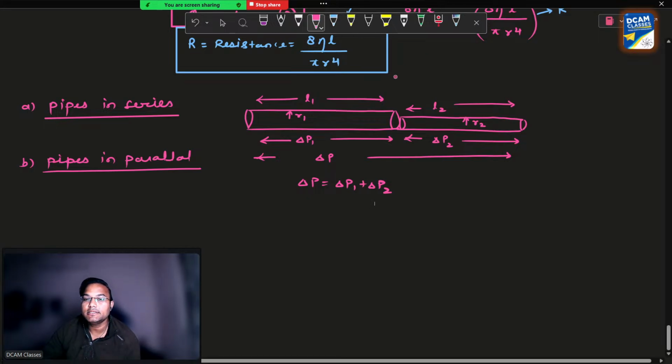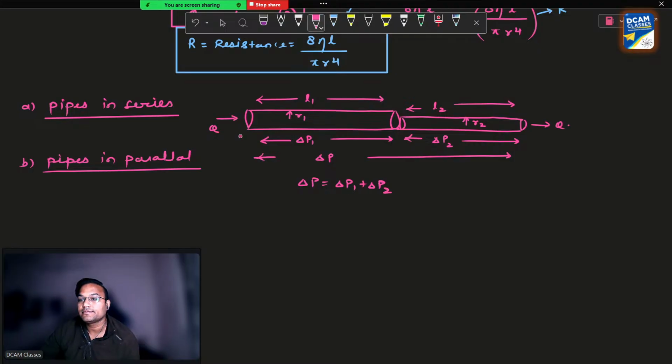Because delta P is actually equated with voltage. Flow rate will remain same. Whatever Q is going inside, Q will come outside. Now in this, what relation we can write? Q is equal to delta P1 by R1 is equal to delta P2 by R2.